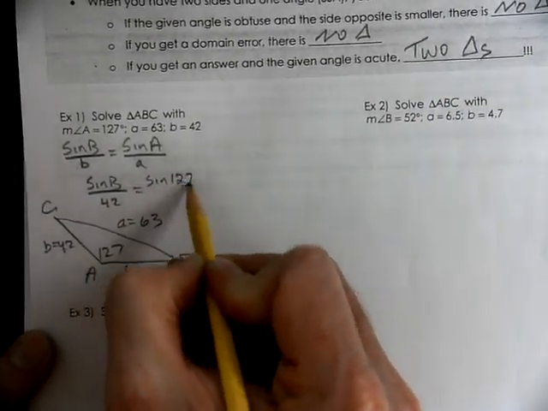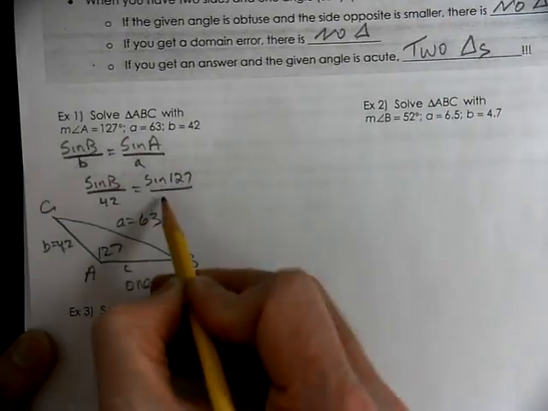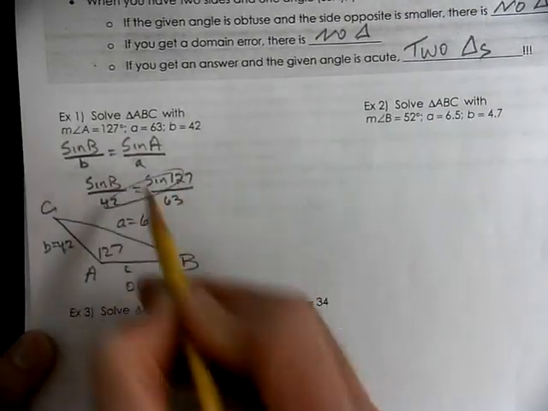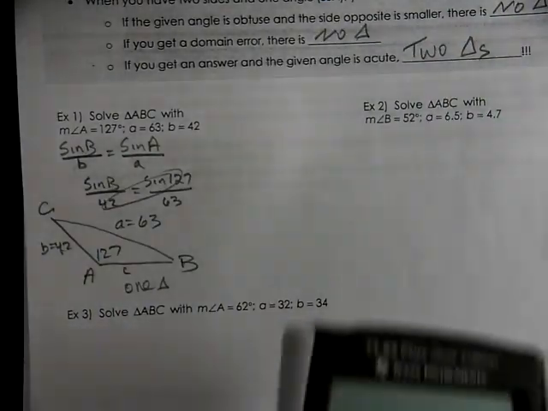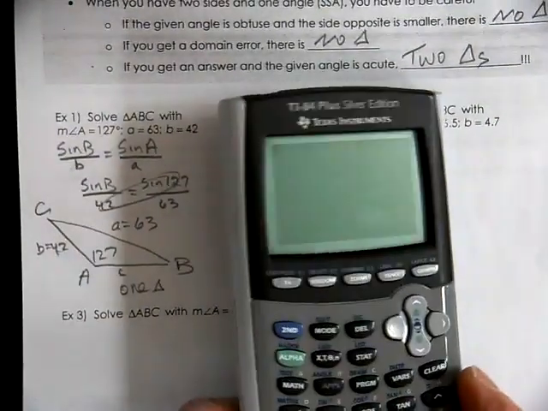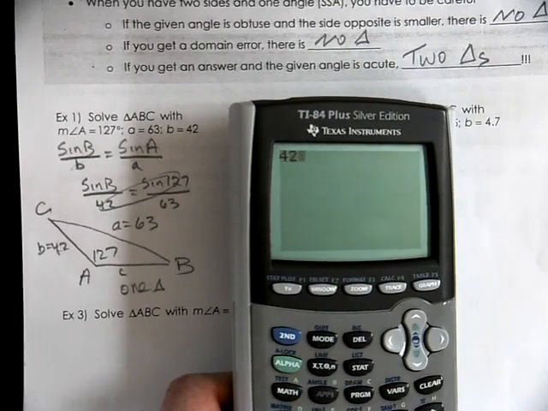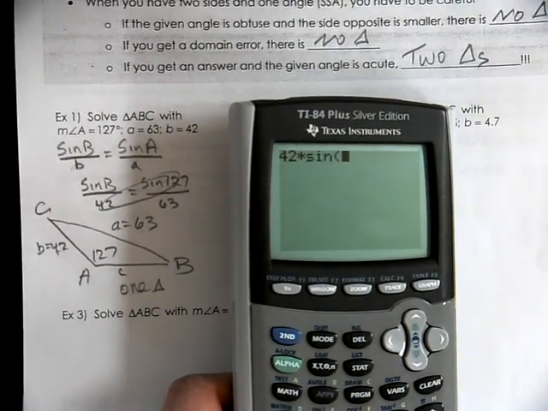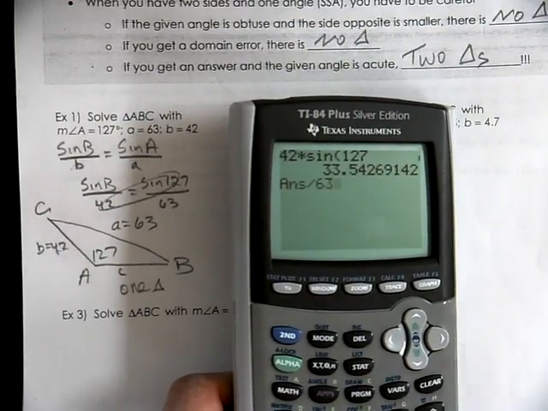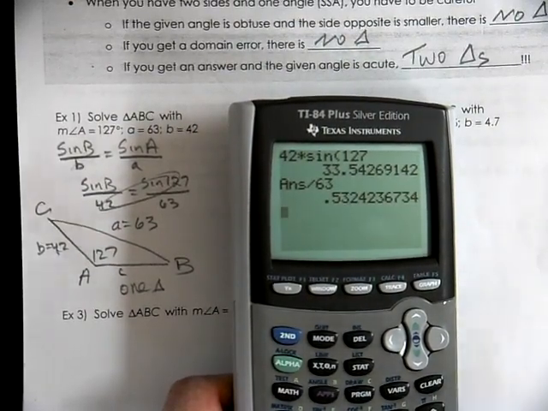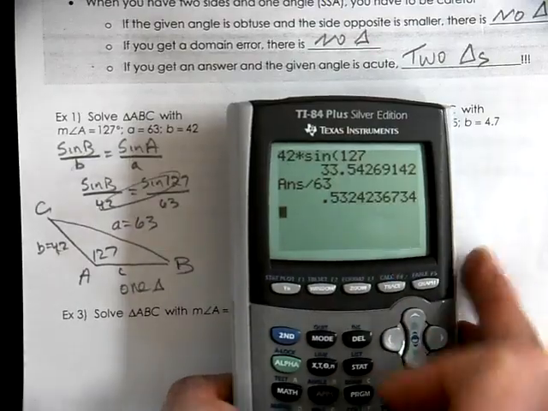Sine of 127 over 63. I'm going to cross multiply. And when I do that, I get 42 times the sine of 127, and I divide that by 63. And I get an answer that is less than 1.